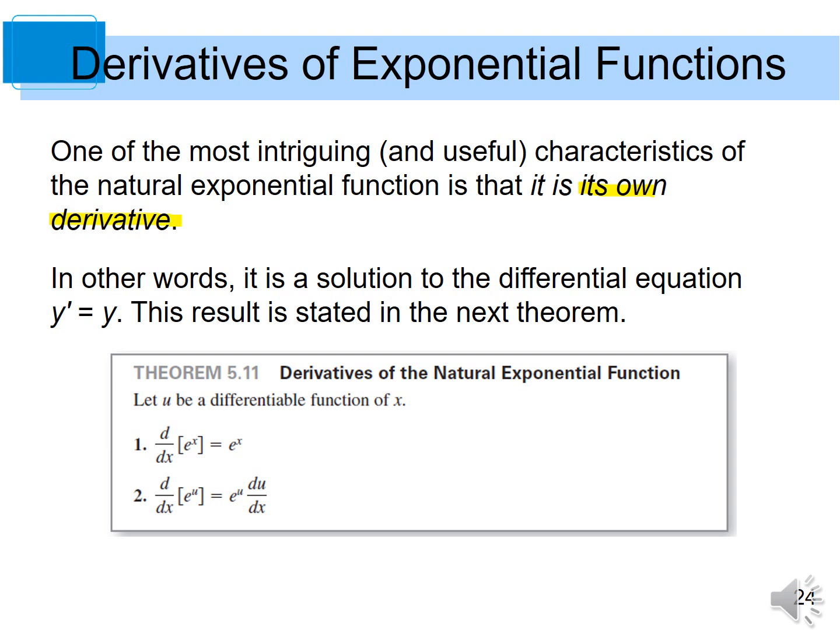This result is stated in the next theorem. Let u be a differentiable function of x. U is an inner function. So for the first one, differentiate e to the x with respect to x equal to e to the x. And differentiate e to the u with respect to x equal to e to the u times du dx.